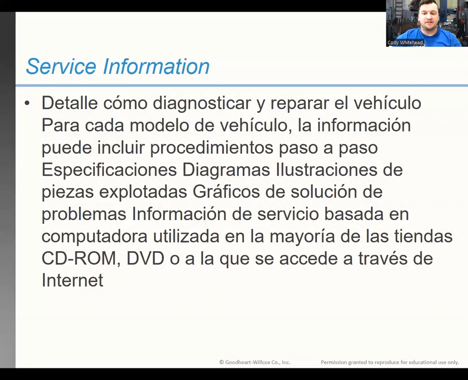Service information details how to diagnose and repair vehicles. For each vehicle model, information may include step-by-step procedures, specifications, diagrams, exploded part illustrations, troubleshooting charts. So there's no possible way that you can know every little thing about every vehicle out there. There's thousands and thousands of cars out there on the road, and they are all built differently.